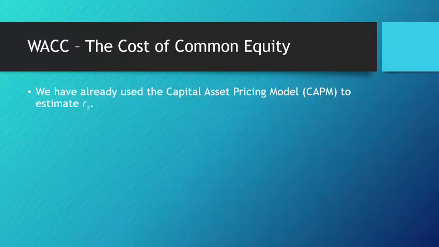Now we get on to the cost of common equity. For common equity, we have already used the capital asset pricing model to estimate R sub S. We're going to use that again, and it looks like this. R sub S, the required return to the common shareholder, is equal to the risk-free rate plus the risk premium times beta.